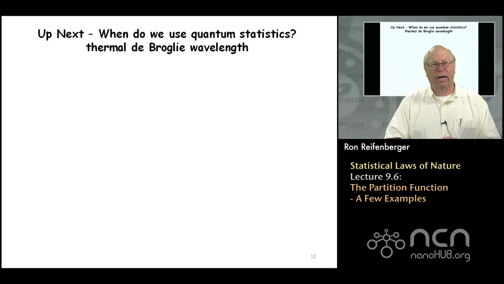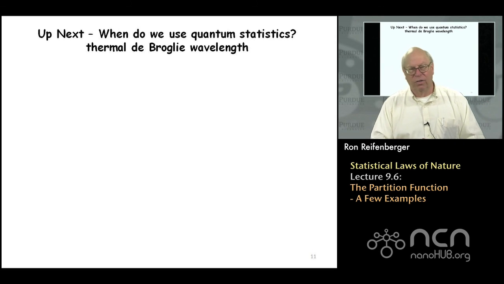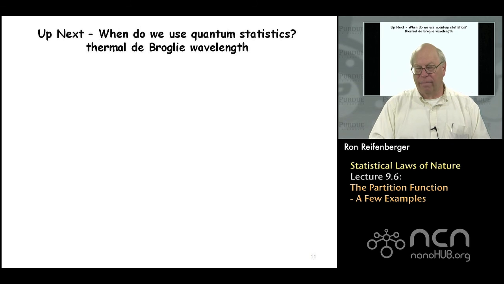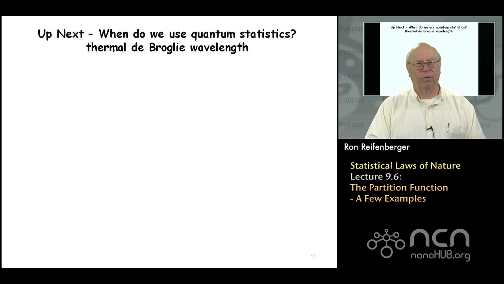We're now going to try to lay out some quantitative guidelines that help you decide when you use classical, when you need quantum statistics. And we're going to do that by defining something called a thermal de Broglie wavelength. So when you get a chance, come on back and listen to that lecture. It's kind of interesting because it solves a problem that we've discussed back and forth many times throughout the semester.